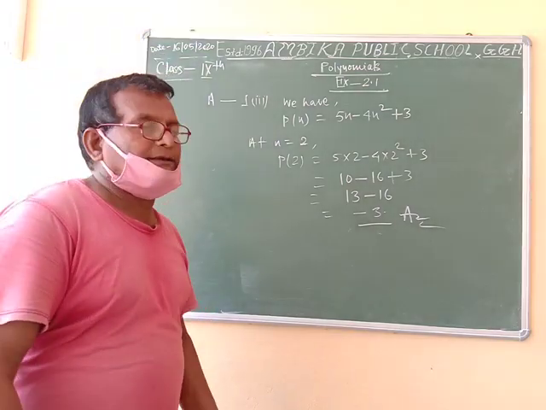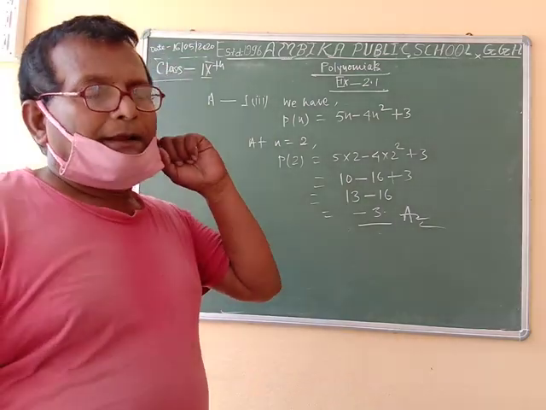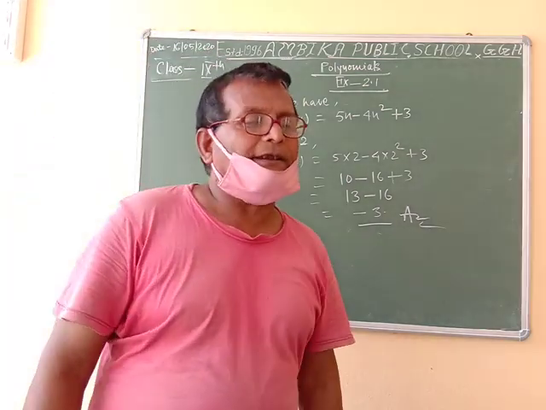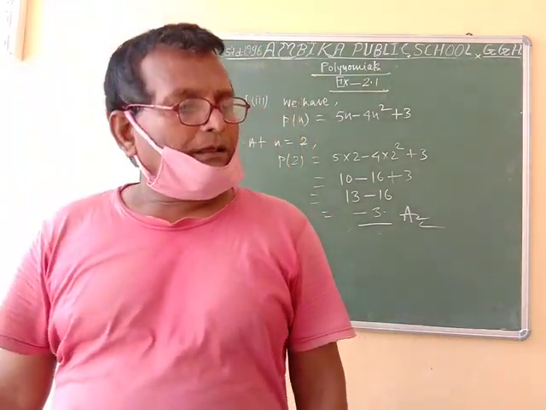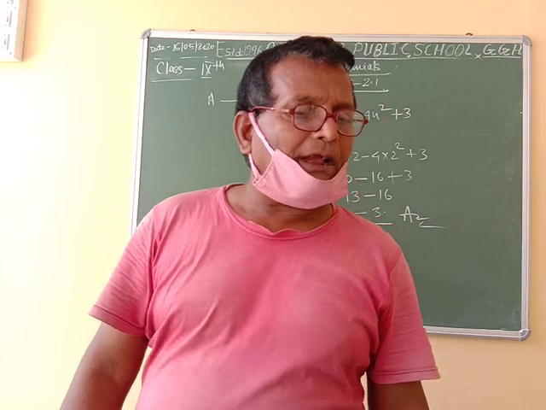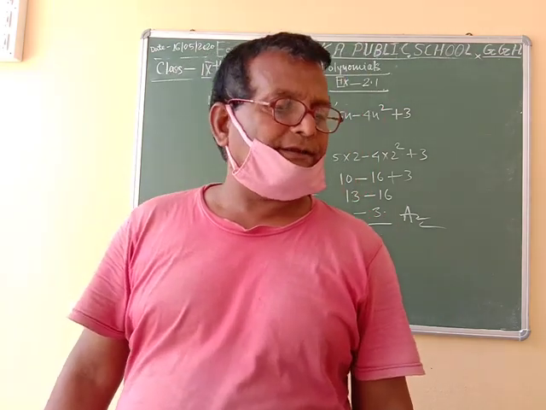You know that dividend is equal to divisor into quotient plus remainder. भाज्य बराबर भाजक गुना भागफल जोड़ शेष.